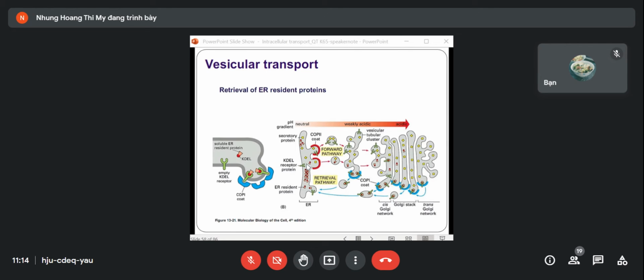At neutral pH, the binding of the KDEL protein and its receptor is broken, and they release the KDEL protein in the ER lumen. Okay, so that is the retrieval pathway between the Golgi apparatus and the ER.